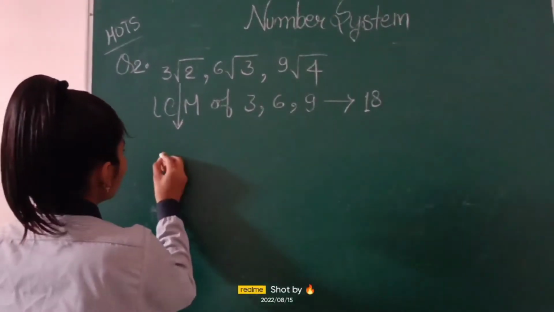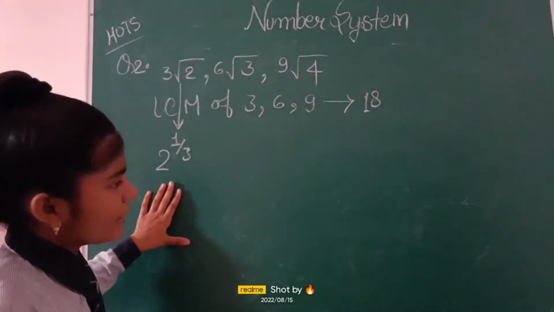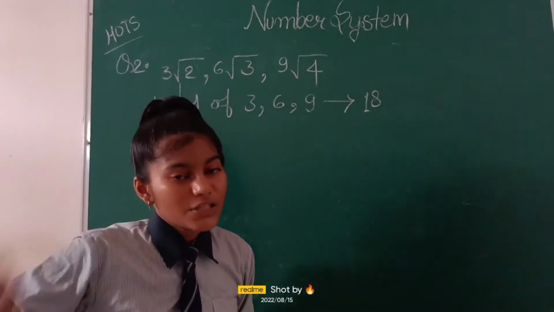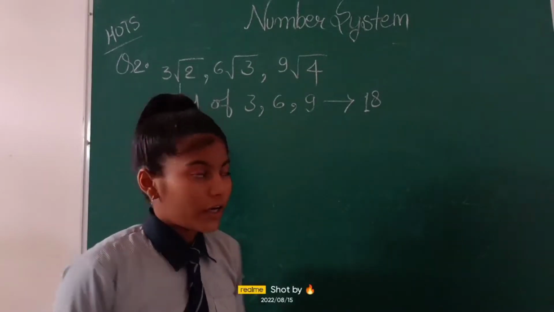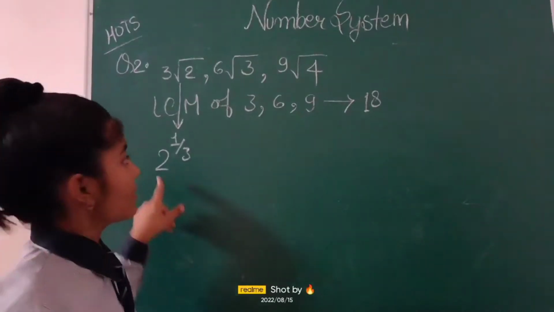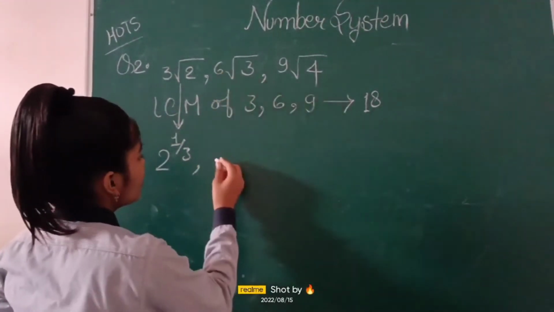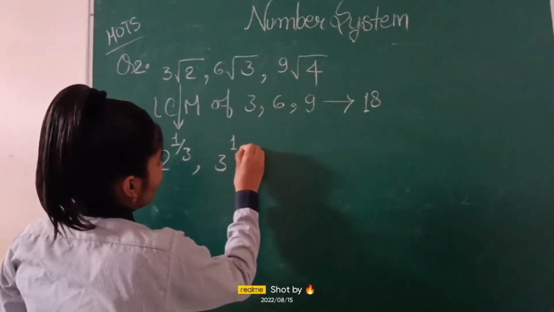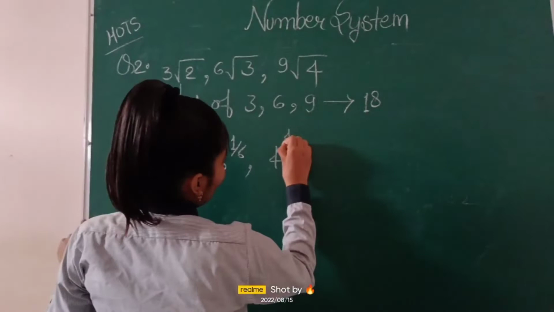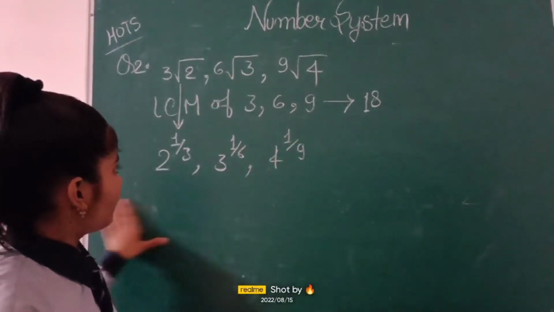You can write this as 2 raised to the power 1 upon 3, because if we have any number like under root 2, it will be 2 raised to the power half. So for this you have 2 raised to the power 1 by 3, because here is 3. Then this is what? 3 raised to the power 1 by 6. This is what? 4 raised to the power 1 by 9. Got it? Now these are the values.